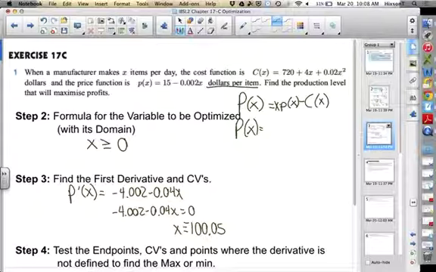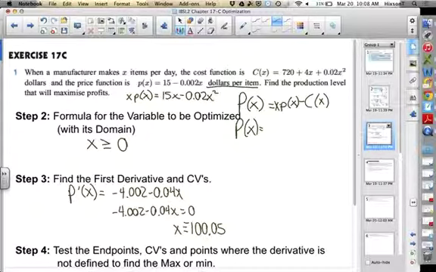But how are you supposed to know? I would assume that they were both the same. If it was per item, I would have assumed too. Poorly worded question. Yeah. But now that we know x times p of x is 15x minus 0.02x squared.